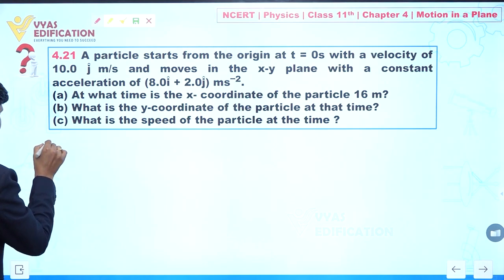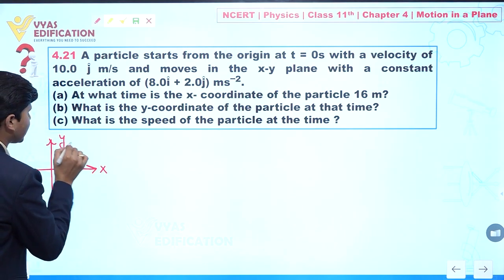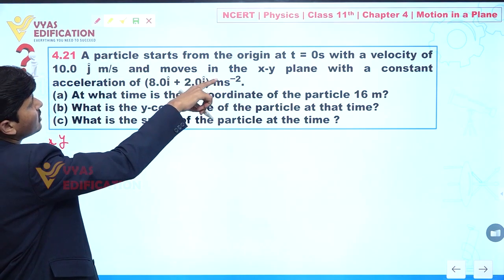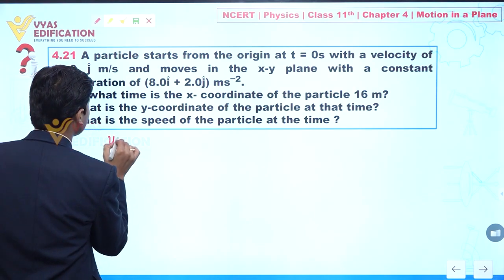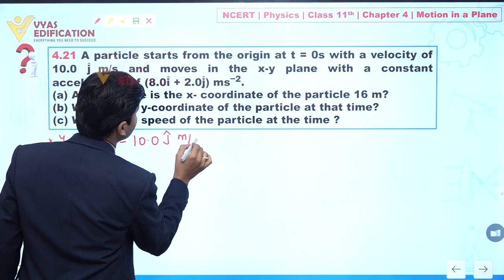Let's suppose this is the x axis and this is the y axis. The particle starts from the origin at t equal to 0, and the initial velocity is 10.0 j meter per second.